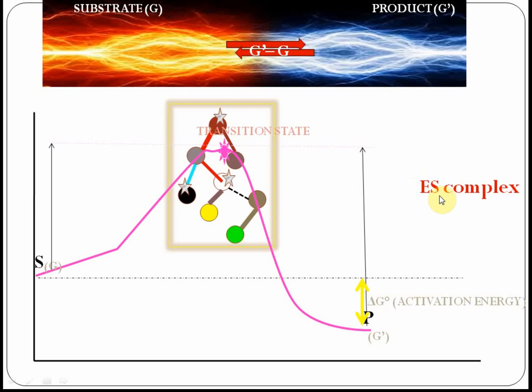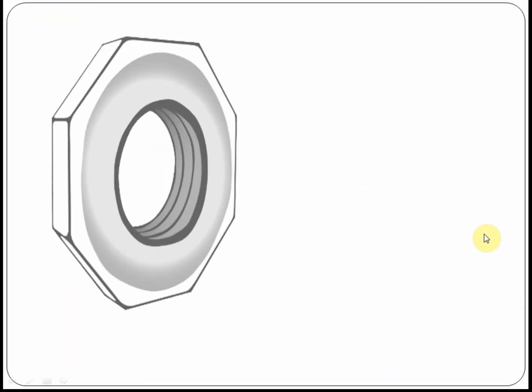Please don't get confused between the enzyme substrate complex and this transition state, because the enzyme substrate complex has nothing to do with the transition state. Transition state is only and only for the substrate, which it achieves after some chemical structural modification within its structure. So now let's move toward what will happen after achieving this transition state.